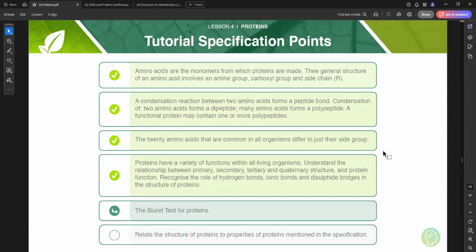That's really important, and they will often make those synoptic links in the questions too. You do need to know the general structure of an amino acid. I wouldn't be surprised if they asked you to draw that. Okay. And to be able to appreciate or indicate where those peptide bonds will form. Because again, they may ask you to draw a box around where those bonds form, or they may ask you to describe it.